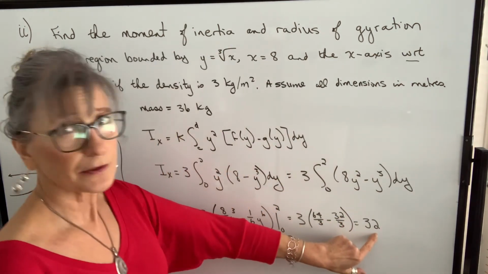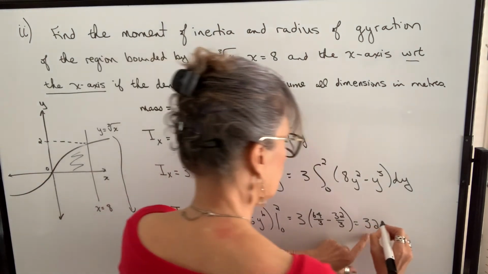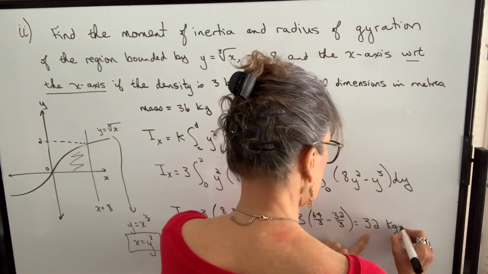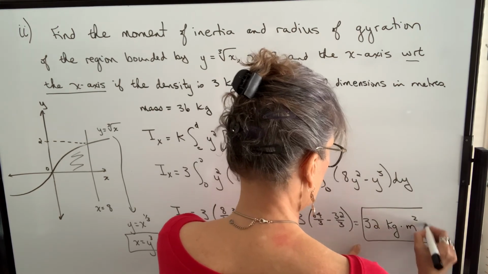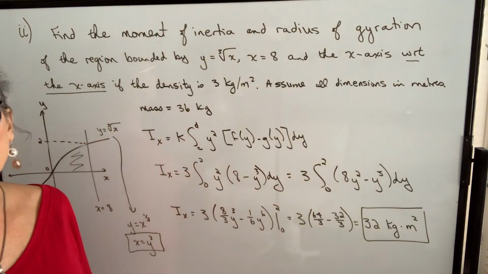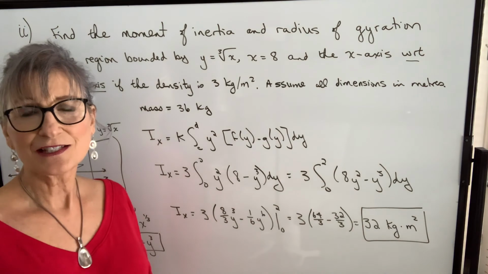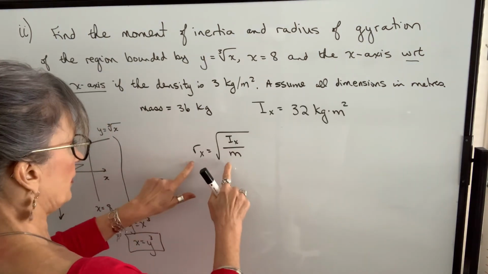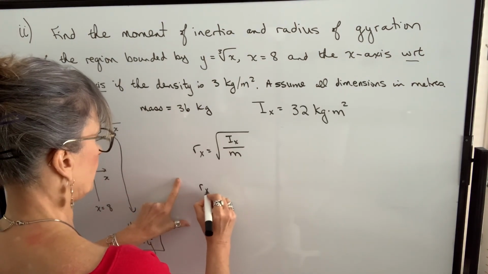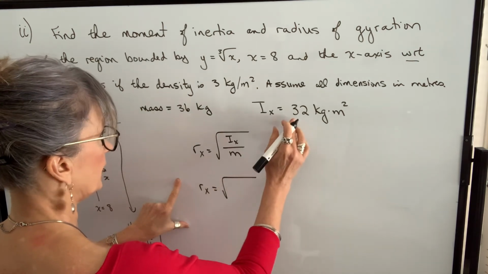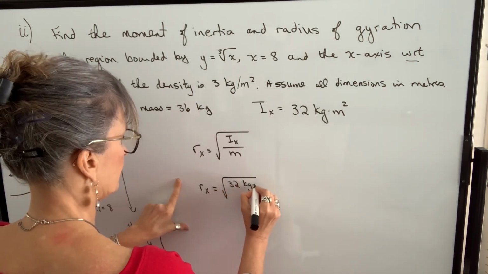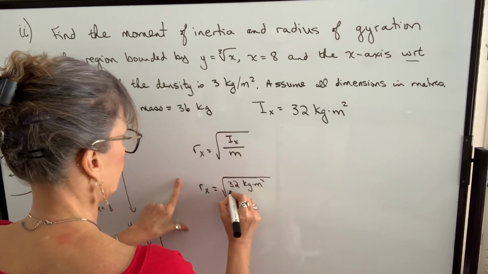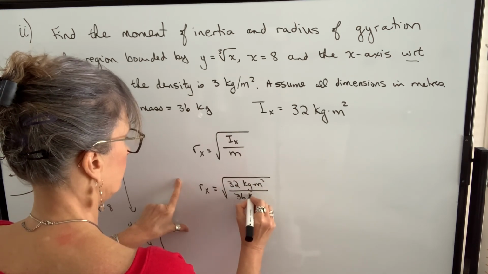And that's a moment of inertia, so my unit should be a mass times a square distance. So it's 32 kilograms times square meters. Let's find the radius of gyration. So I plug into my formula. The radius of gyration will be equal to the square root of the moment of inertia, 32 kilograms times square meters, divided by 36 kilograms.